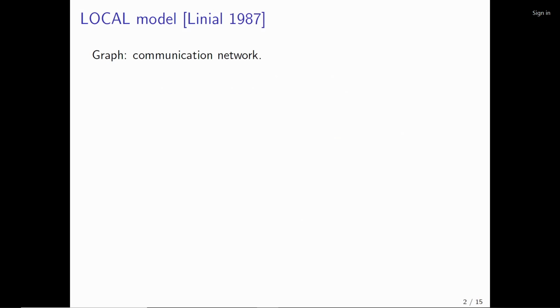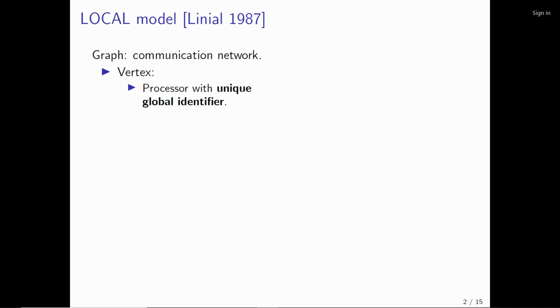First, we have a graph, which is our communication network. Each vertex of this graph is a processor to which we give a unique global identifier. This identifier will be important later on, so do remember this. And there are also some variants of this where you can have a locally unique identifier, whatever it means.